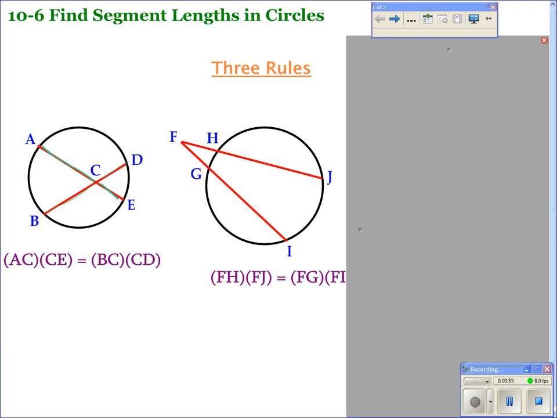Here is another option. These two segments aren't completely inside the circle. They are partially outside.